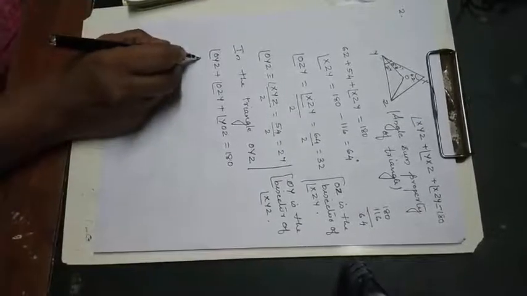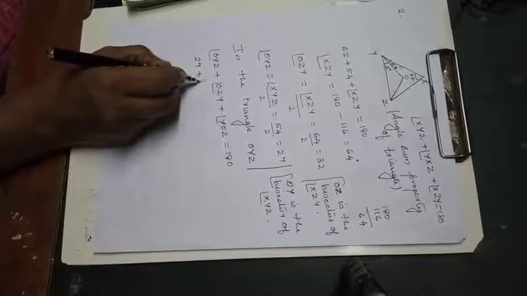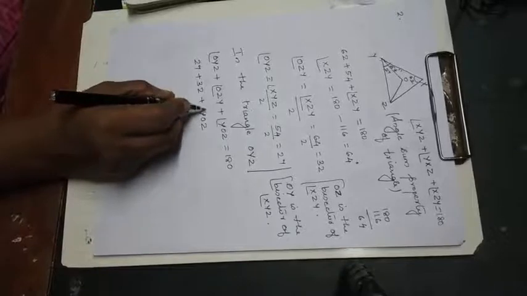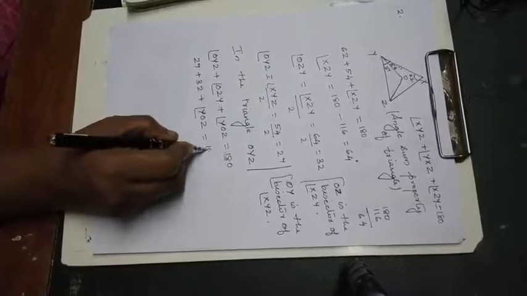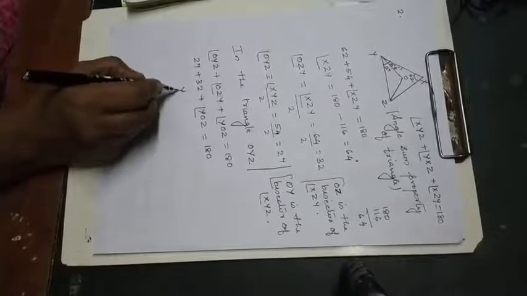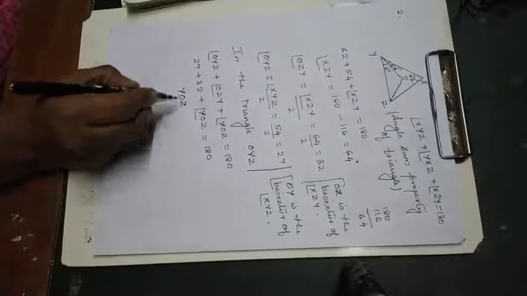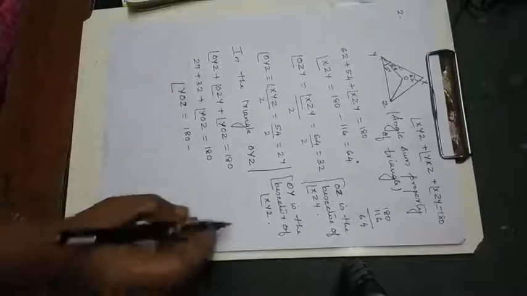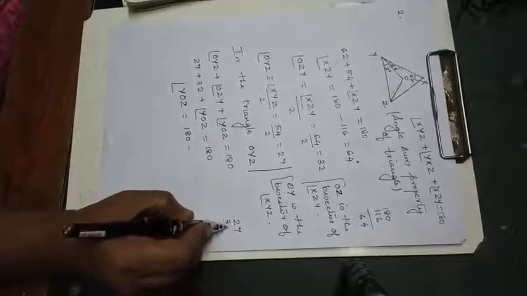Okay, so 27 plus 32 plus YOZ will be equal to 180, or YOZ will be equal to 180 minus (27 plus 32).